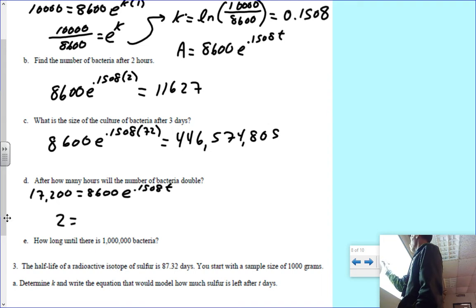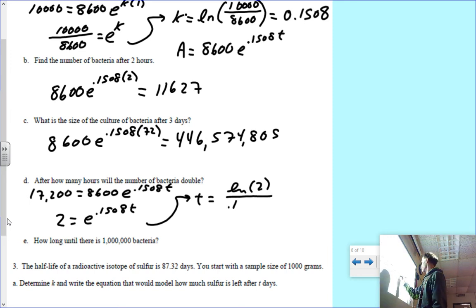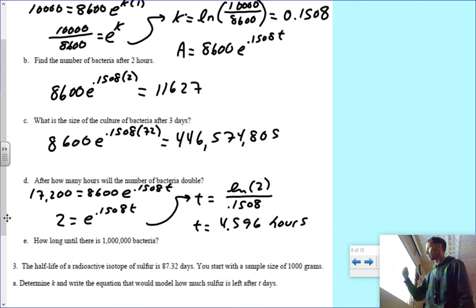So 2 equals e to the 0.1508t. And then you take the natural log of both sides and solve. So t is equal to ln 2 over 0.1508, which is going to be equal to 4.596 hours. And again, that's okay to be a decimal because it's a time unit, so it's good.